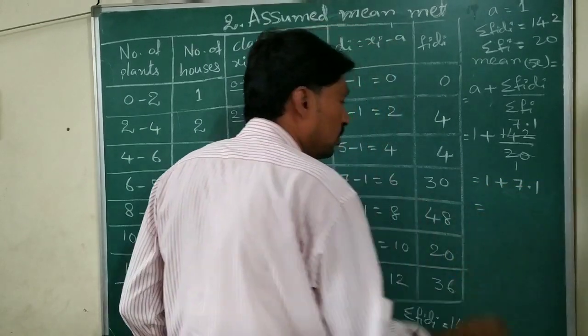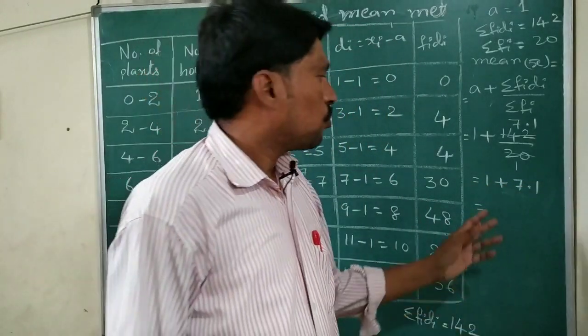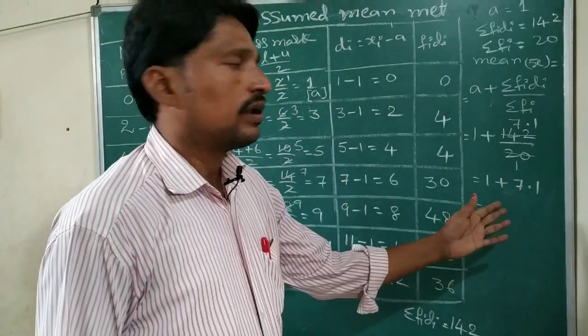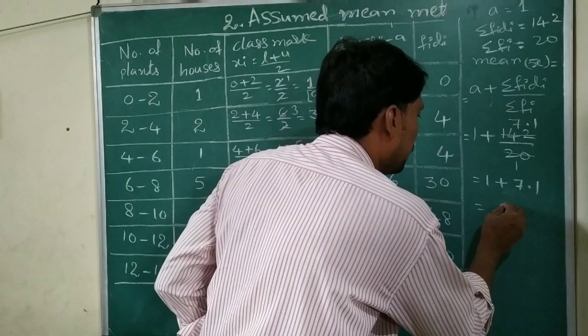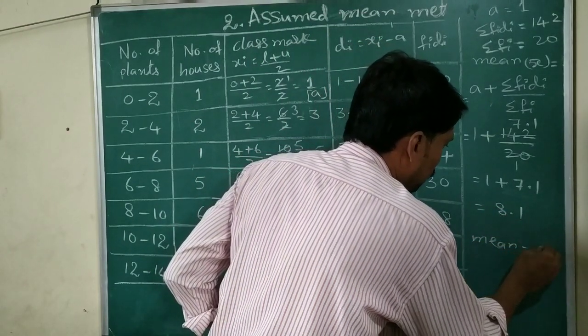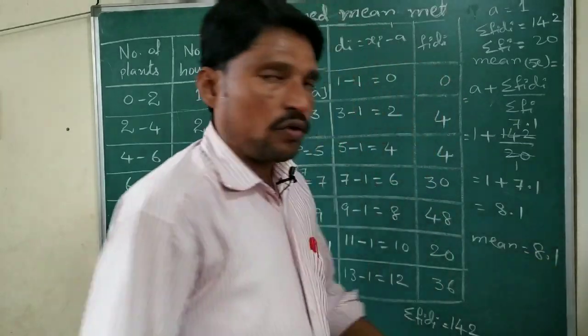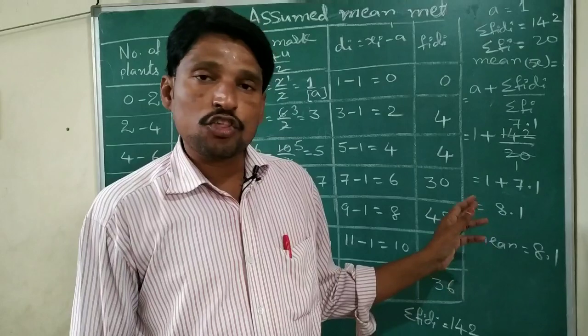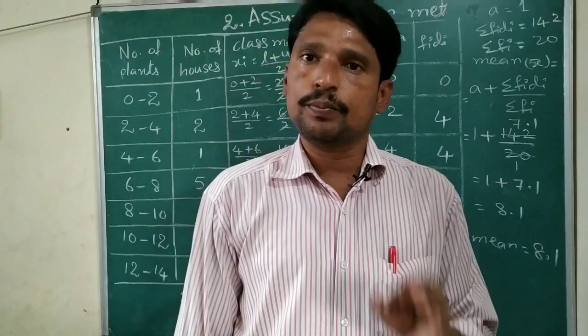Adding the integral part, 1 plus 7 is 8, so we get 8.1. So mean equals 8.1. The direct method gave 8.1, and the assumed mean method also gave 8.1.